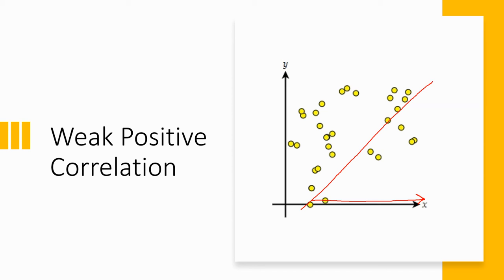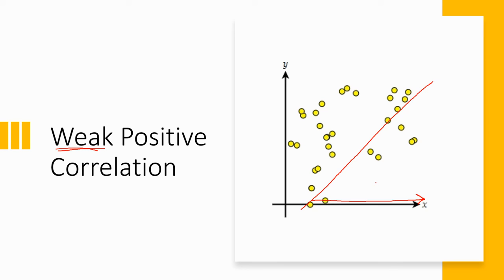If I were to draw a line, these dots are not that close, but they're getting closer and closer. It's not perfect, it's weak, and I would say positive correlation because my points are going in a positive direction.